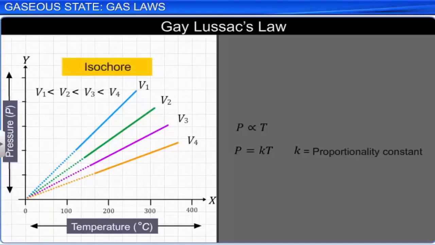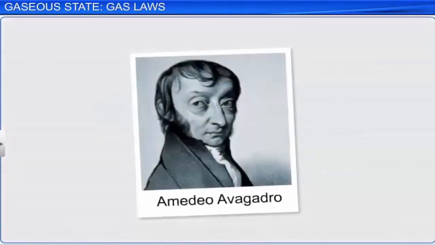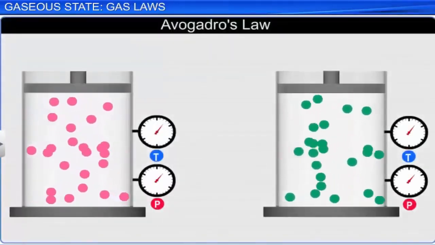The fourth gas law is Avogadro's law. In 1811, Italian chemist Amedeo Avogadro stated that at the same temperature and pressure, equal volumes of gases contain the same number of molecules, irrespective of their chemical and physical properties. For example, consider 1 liter of hydrogen gas and 1 liter of oxygen gas.